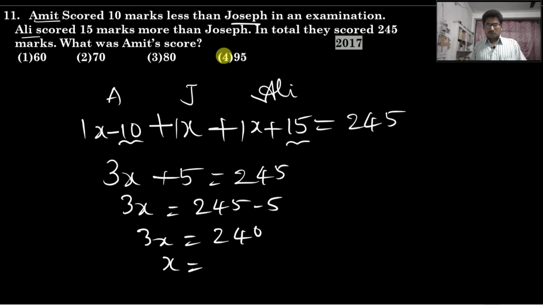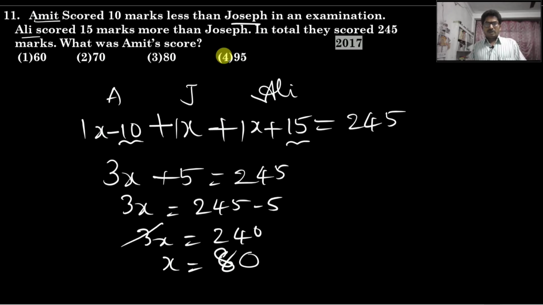X is equal to 80, since 3 eights are 24 and 3 zeros are 0.